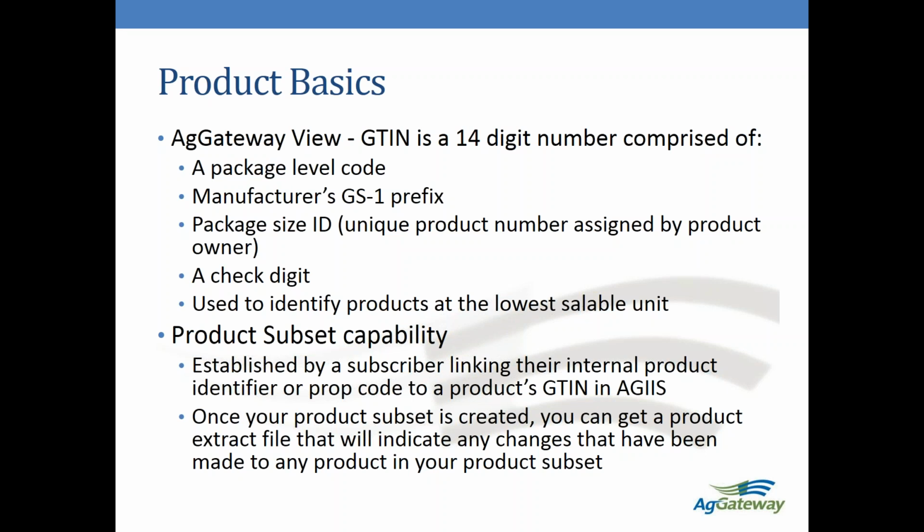It may be that internal product identifier you have to a global trade item number within AGIIS. Once the subset is set up, you can receive extract files on a regular basis. You can only receive changes and updates to products in your subset. So it's just another feature that some companies find beneficial.